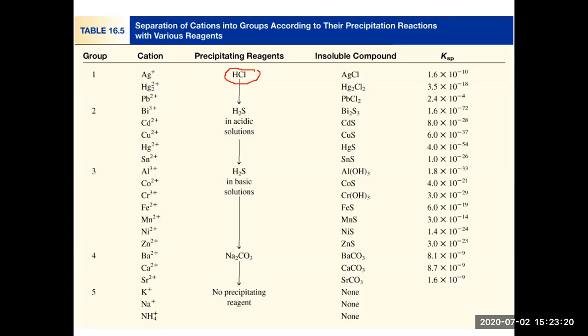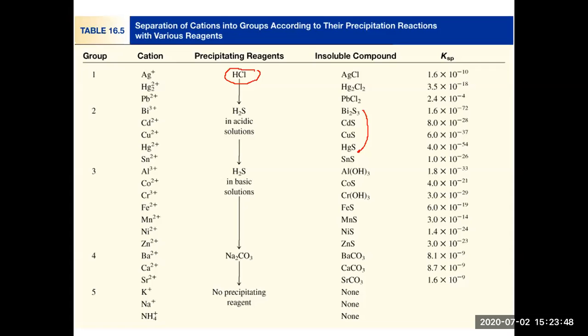When we get to group 2, we have a lot of sulfides involved, and we have a precipitating reagent, which is hydrogen sulfide gas. But here we see that the pH is really important, because group 2 and group 3 are both precipitated out using the same reagent, H2S.